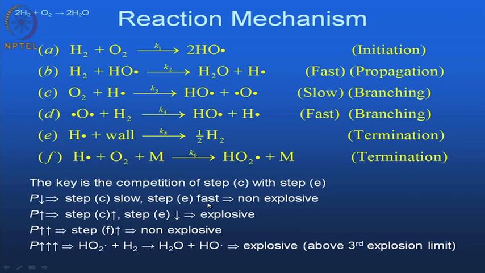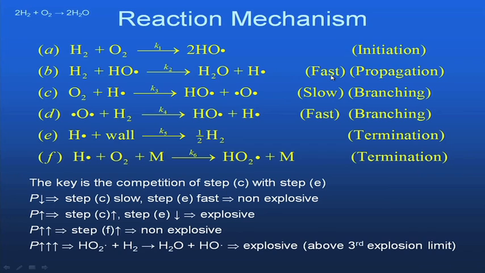Now, the mechanism is like this. H2 plus O2, this is the initiation step, H2 plus O2 producing 2 OH dot, OH radical. Then this OH radical will again react with H2 to produce water and a single hydrogen, monohydrogen, hydrogen atom.